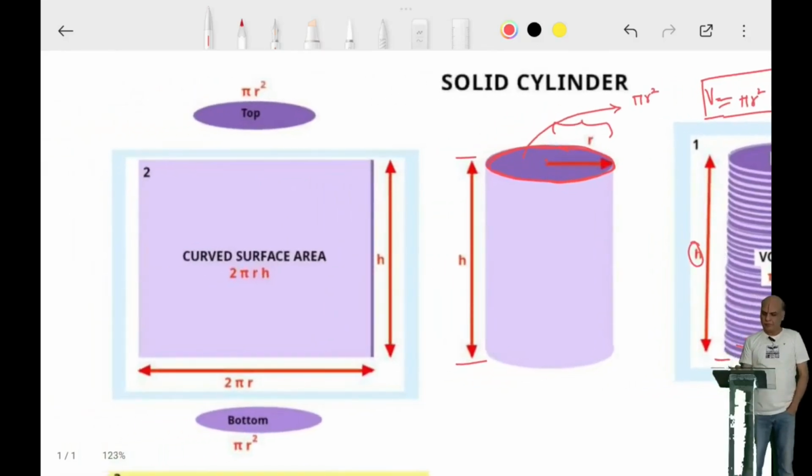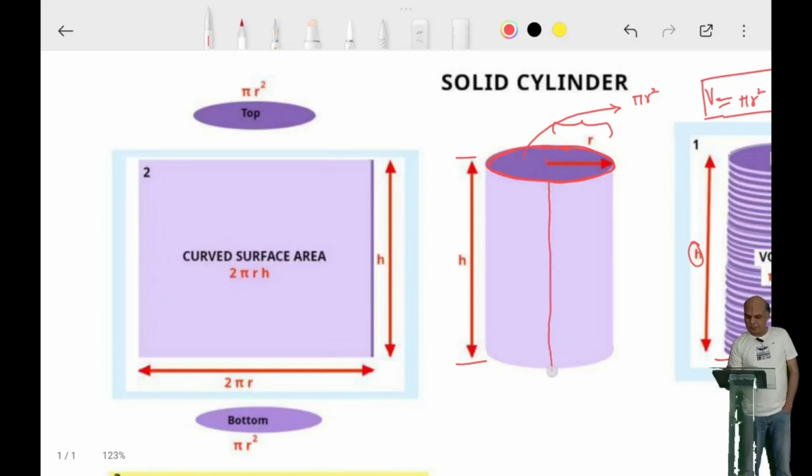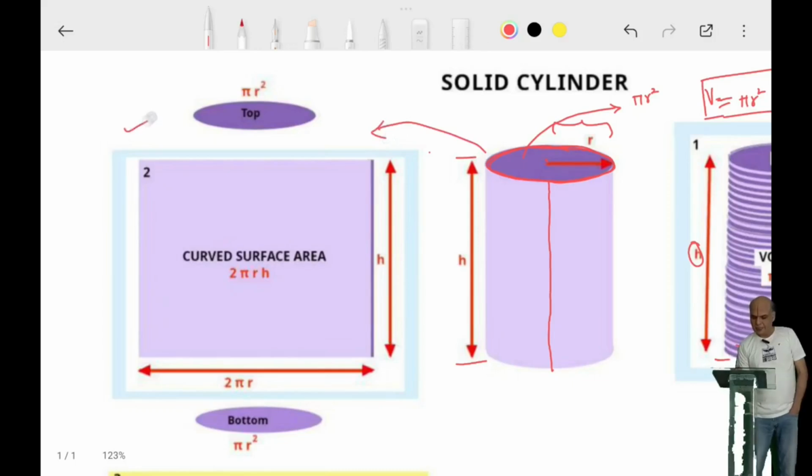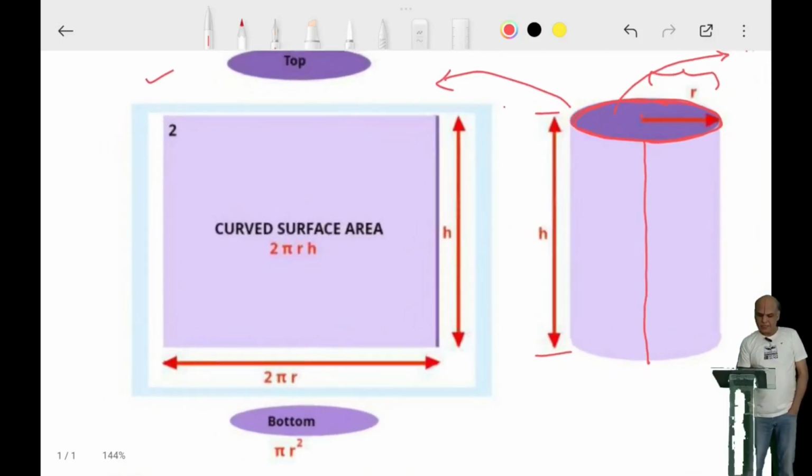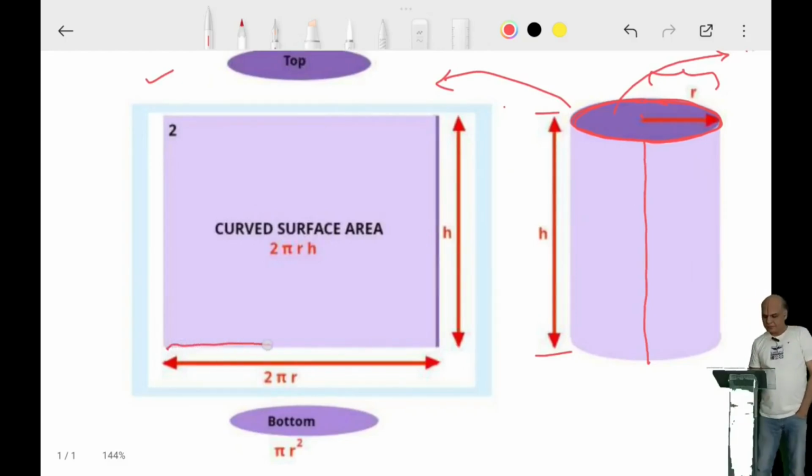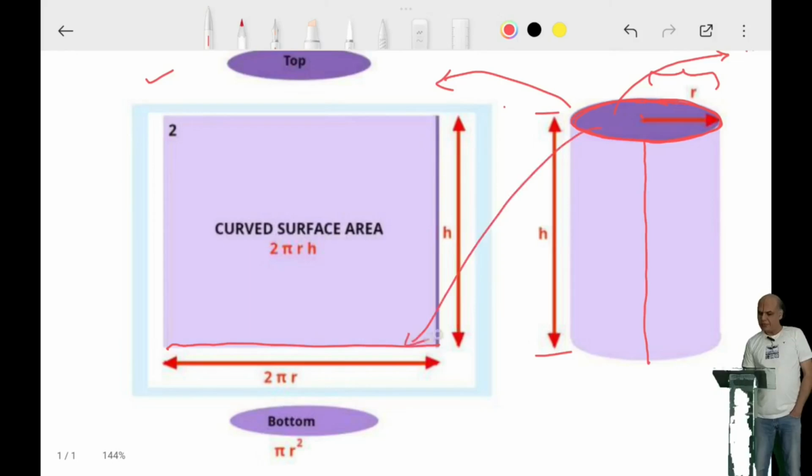Now, suppose I cut the surface of the cylinder here and spread it. When I spread it, it forms a rectangle as shown on the screen now. So the length of this rectangle would be the circumference of this circle.